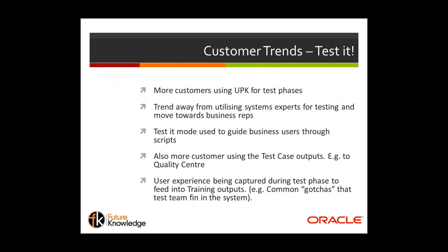So to have business reps doing any of the unit testing or system integration testing is typically not done. So I think what this enables us to do is to move towards using those sorts of resources in earlier phases of the testing phase of a project, and it's because you can guide the users more effectively using the tools in UPK.